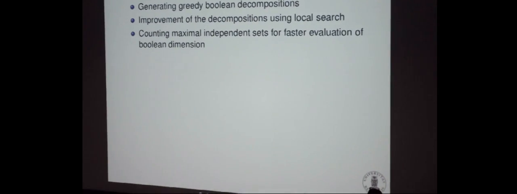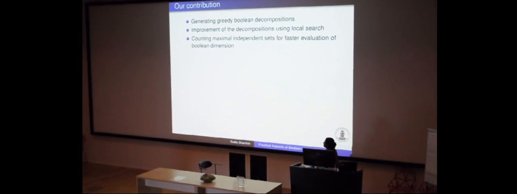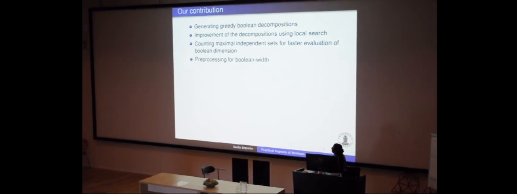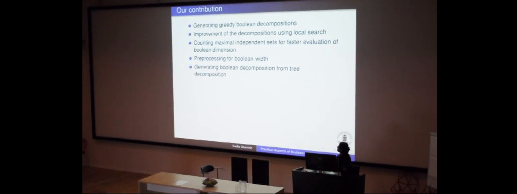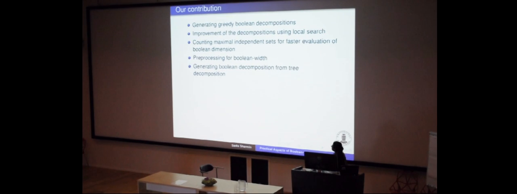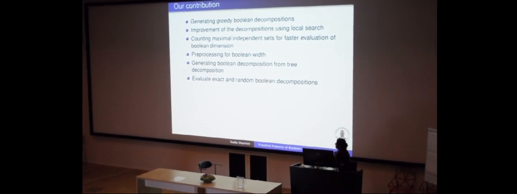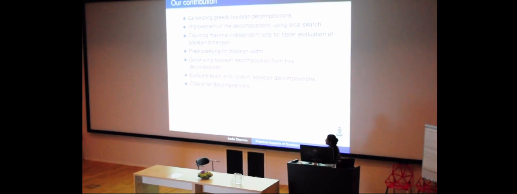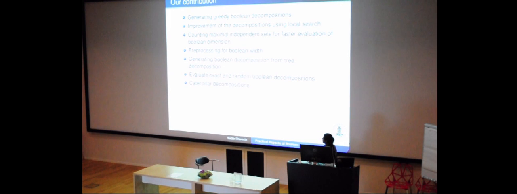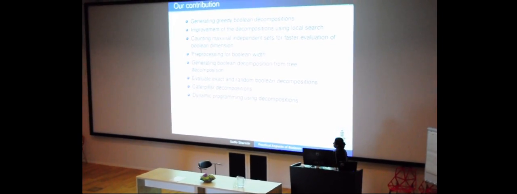We have counted maximum indeterminacy and partial evaluation of the Boolean dimension of the good function. We tried complete cross reference. We tried generating Boolean decomposition and tree decomposition. We also tested exact and random Boolean decomposition. We have tried caterpillar decomposition, and dynamic programming using Arduino calculation.